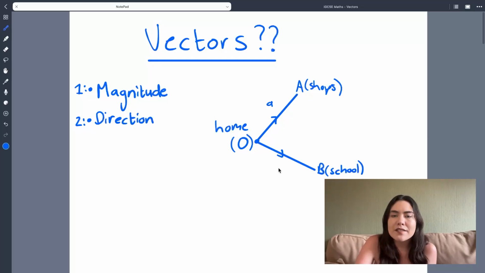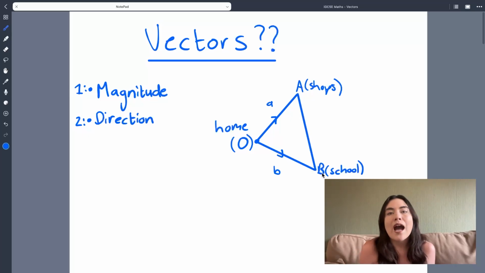Now let's say home to school is represented by the letter B. This is a different magnitude in a different direction. One of the fundamentals about vectors is that a lot of the time when you are calculating vectors, you might not know how to get from A to B. So we can't go directly from A to B because we don't know how to get there.